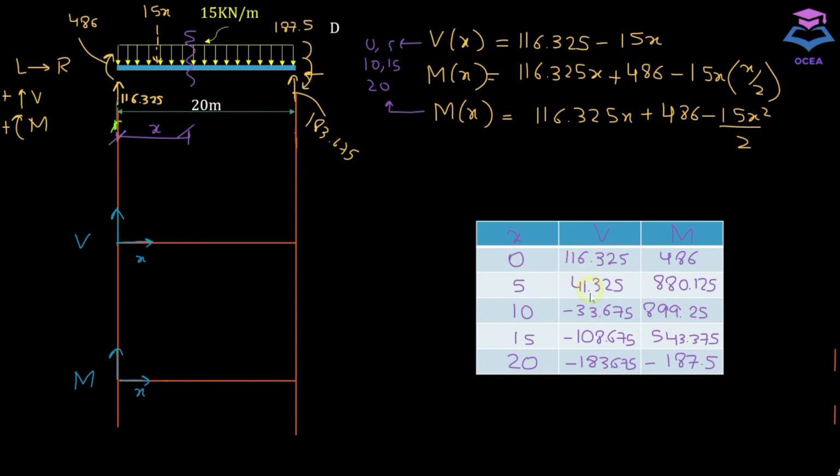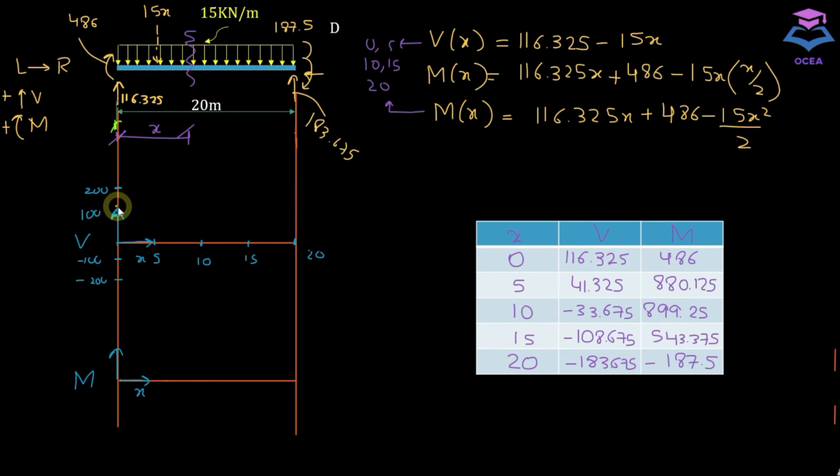The highest value of shear force in this column is minus 183.675, so keeping in mind that value, let's try to mark these axes. 100 would be here and 200 would be here, and this would be minus 100 and minus 200. Now let's mark these x values on the horizontal axis. This would be 20, and half of it would be 10, and 5, 15.